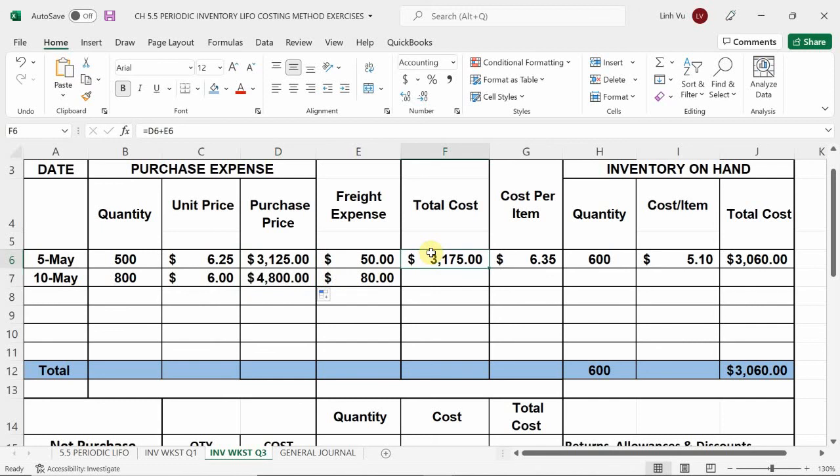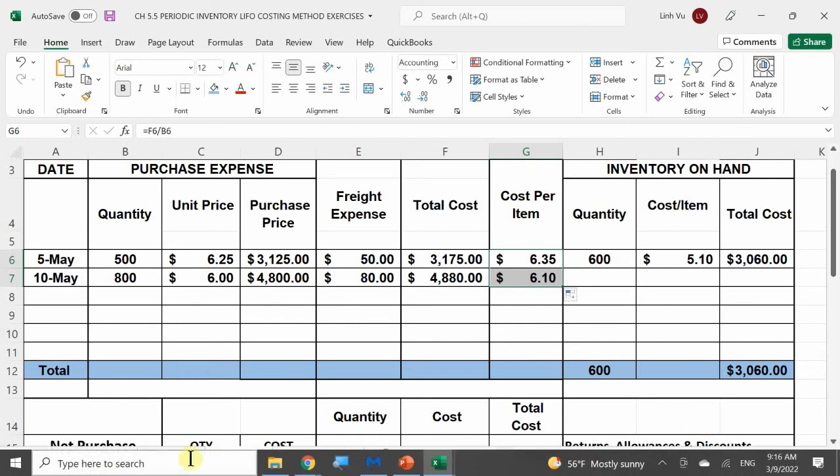And then total cost plus 80 is $4,880. And last but not least, what is going to be my cost per item? $6.10.